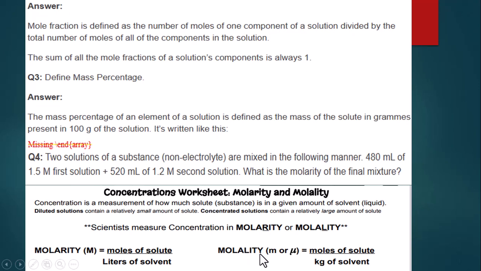Or molarity, M, equals the moles of the solute divided by the kilograms of the solvent. Very, very important that we note this. You can measure molarity as moles per kilogram or as moles per liter. So when you are given kilograms, work with kilograms, and you will have moles per kilogram. When you are given liters, work with liters, and you will have moles per liter.